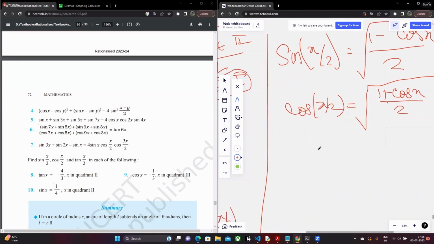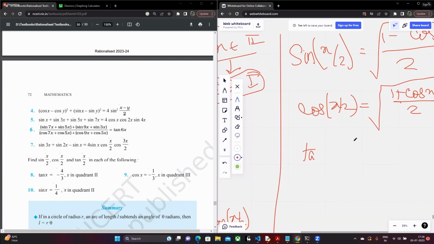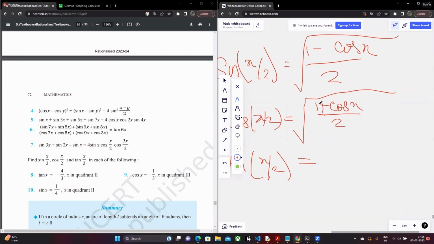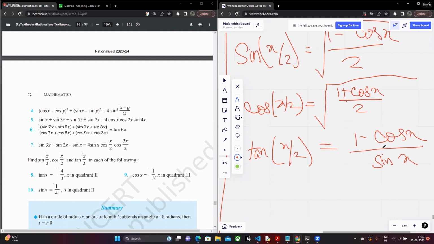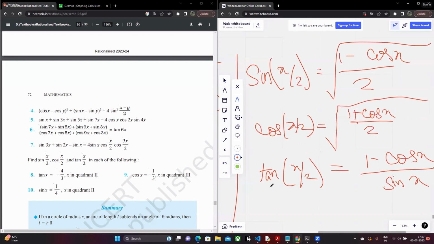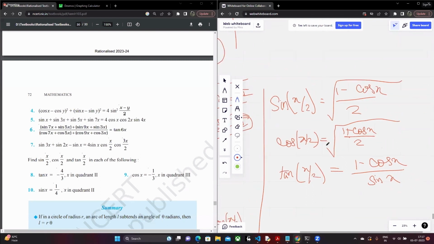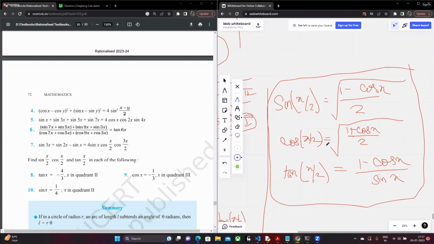And tan x by 2 is going to be equal to, this is sin x by cos x, right? So if I rationalize this, I'll basically get this to be 1 minus cos x divided by sin x. Right. These are the three half angle formulae, which you can convert to sine or tan or whatever.